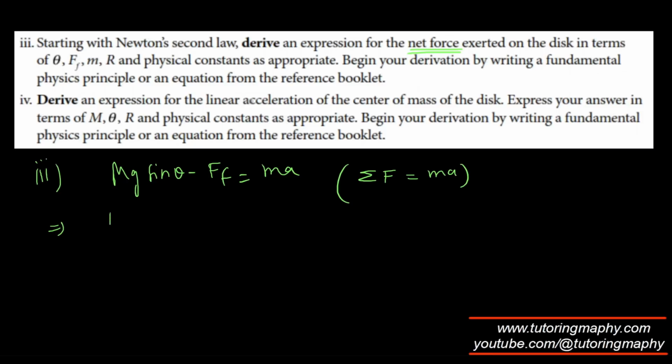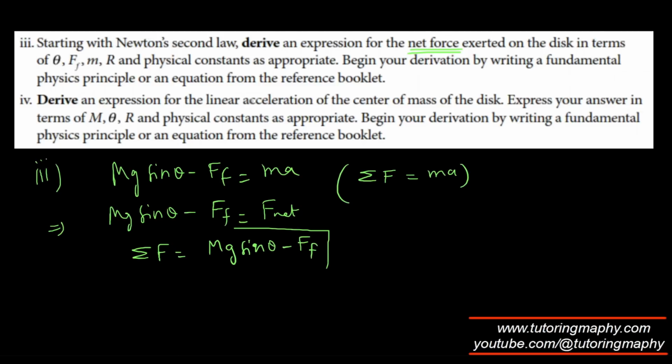So I can just say that mg sine theta minus FF is the required net force acting on the disk, and this will be F net. So I think that's our answer, right? The sum of all the forces is going to be mg sine theta minus FF, which is also given to us, so I'll just box this in.